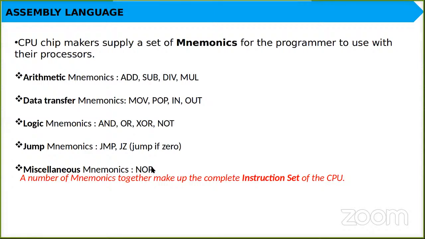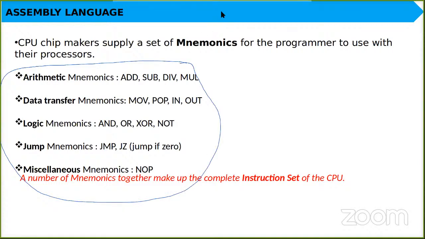ठीक है? So ये सब किसने बनाया? Intel has made this, and Intel has made these mnemonics for what processor? They have made it for the 8085. So 8085 supports all these different mnemonics. Okay, I'll just show you it once.